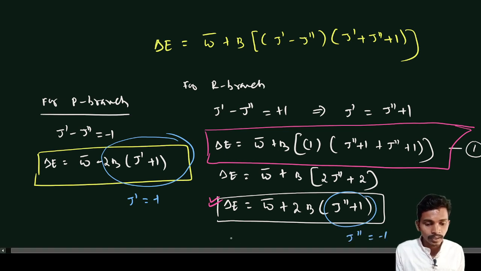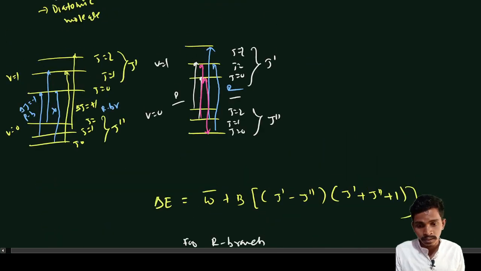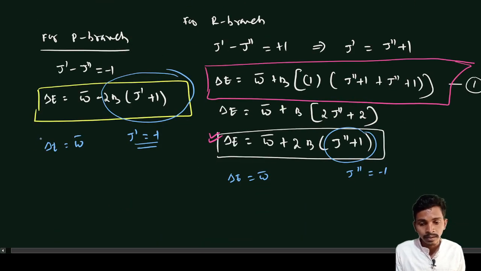Then only we get delta E equal to omega. But J double dash equal to minus 1 is not possible, because our J starts from J equal to 0, J equal to 1. That's why delta E equal to omega is not possible here.